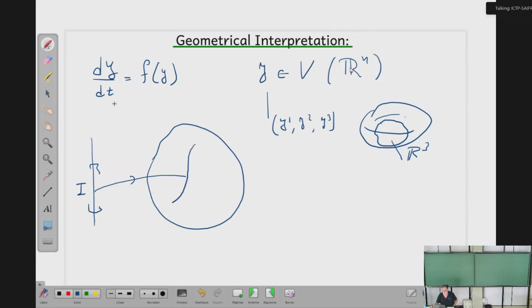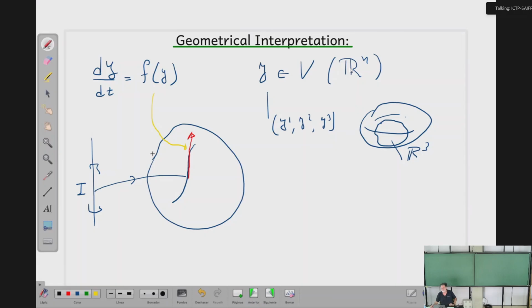What this expresses is the following. If I have a curve, this derivative here is a tangent vector, it's the velocity vector of the curve. At this point it is this vector. So this is f. Right. So this equation tells you the velocity vector of my curve is this thing f.